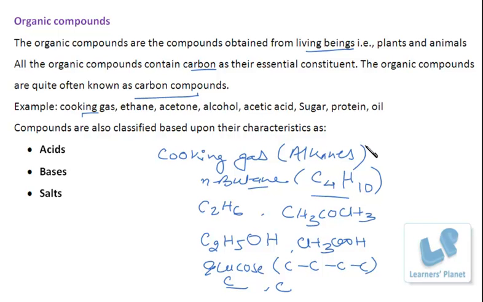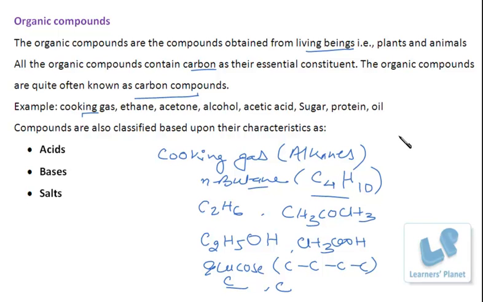So compounds on the basis of their origin can be classified into inorganic compounds and organic compounds. Inorganic compounds are the compounds obtained from inorganic sources like rocks, minerals, or non-living sources. Right? So non-living things. So the compounds obtained from non-living things are what? Inorganic compounds.